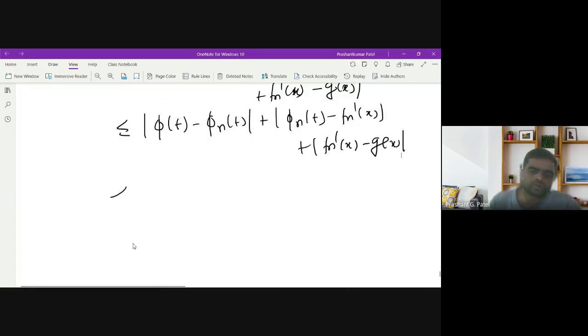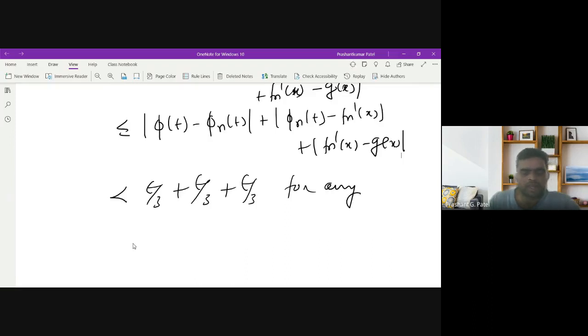So this is less than epsilon by 3 plus epsilon by 3 plus epsilon by 3 for any n greater than or equal to maximum of n0 and n1, because statement number 5 is true for n0 and statement number 7 is true for n1, and statement 6 is true for modulus of t minus x less than delta.